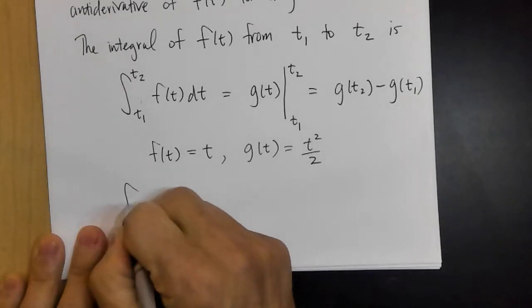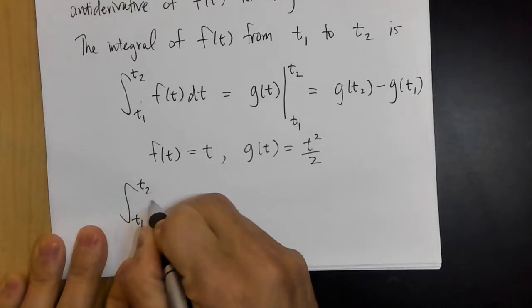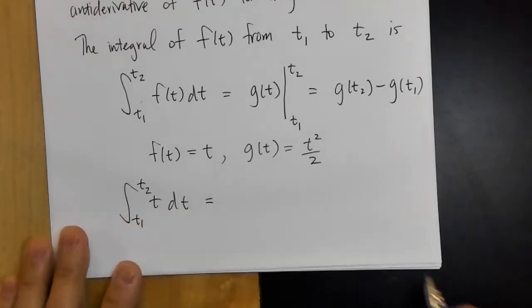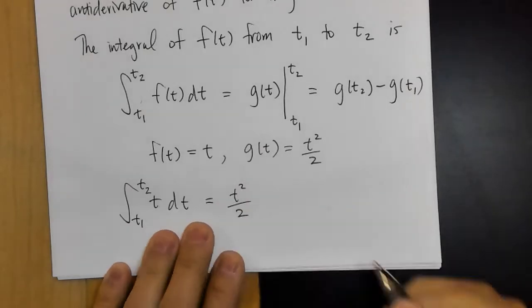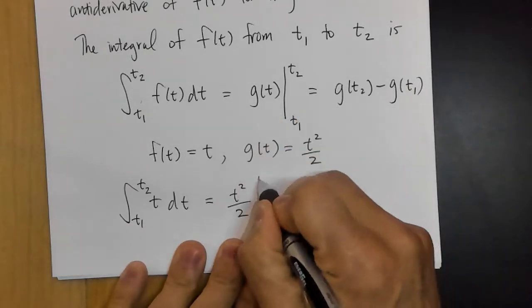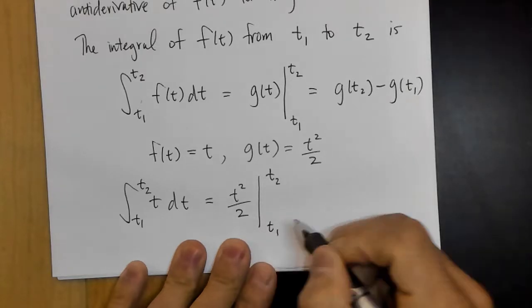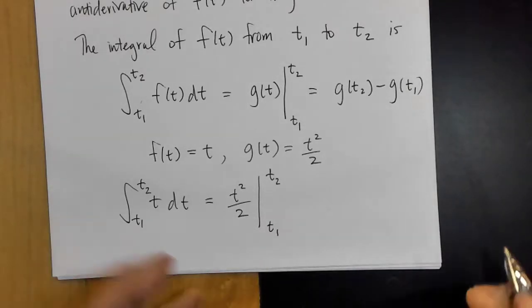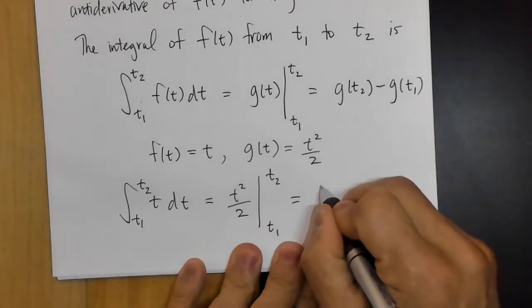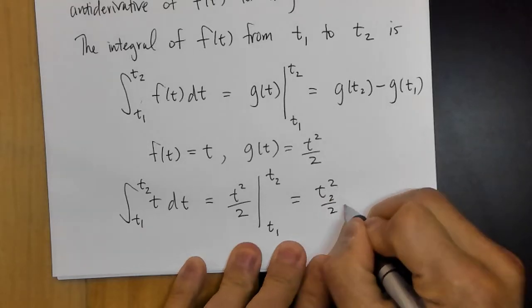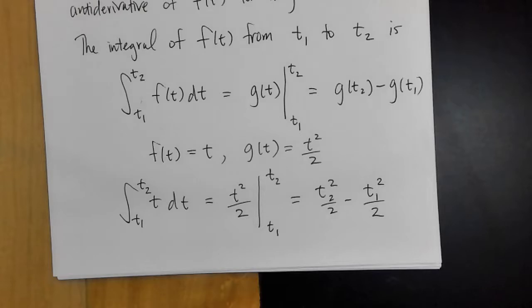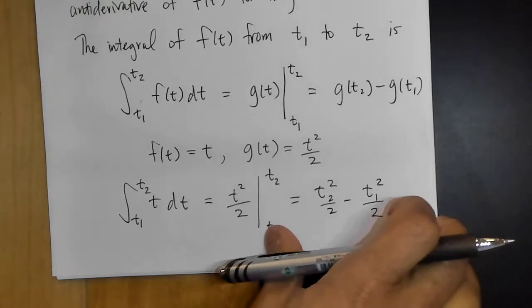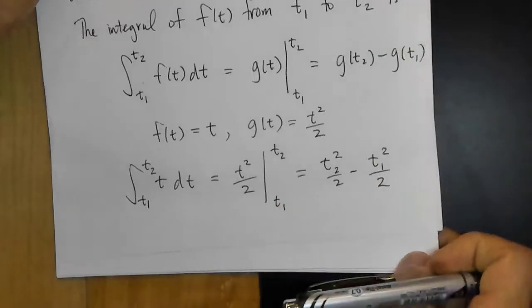So if I do the integral from t1 to t2 of t dt, then I take my antiderivative, t squared over 2, and my limits are t1 to t2. And so I end up with t2 squared over 2 minus t1 squared over 2. Okay. That's generally how it works. Questions about that?